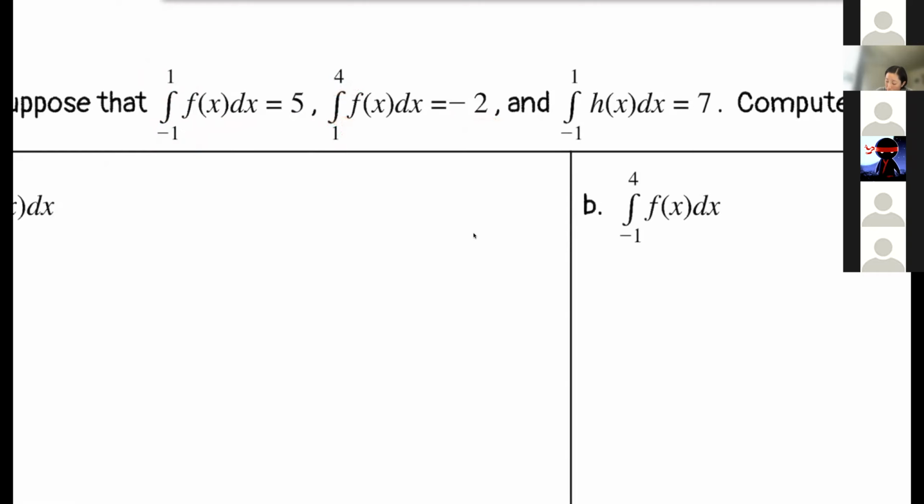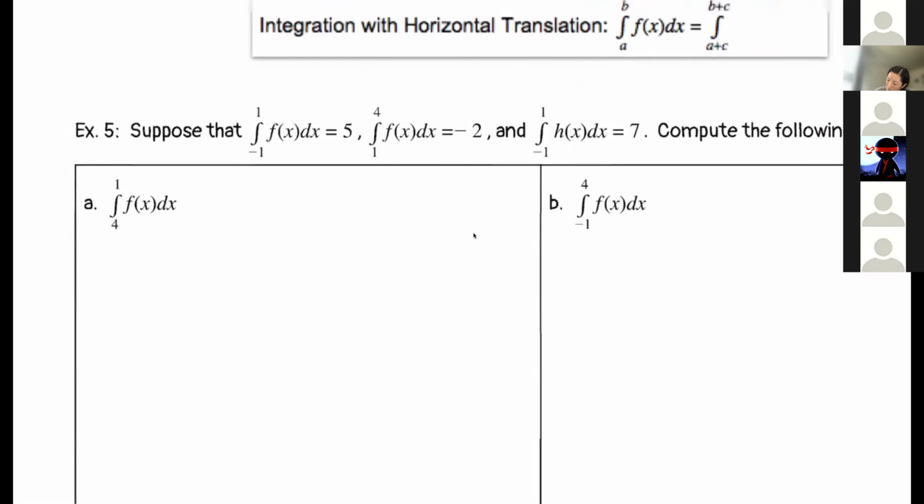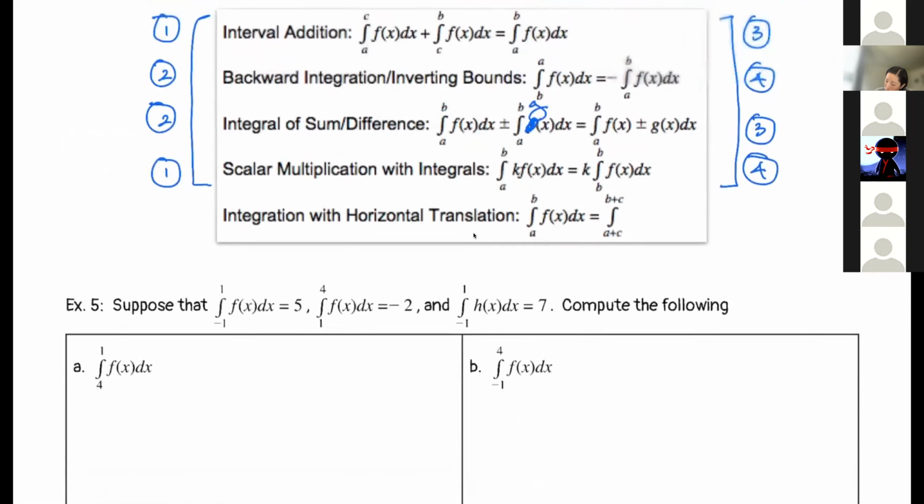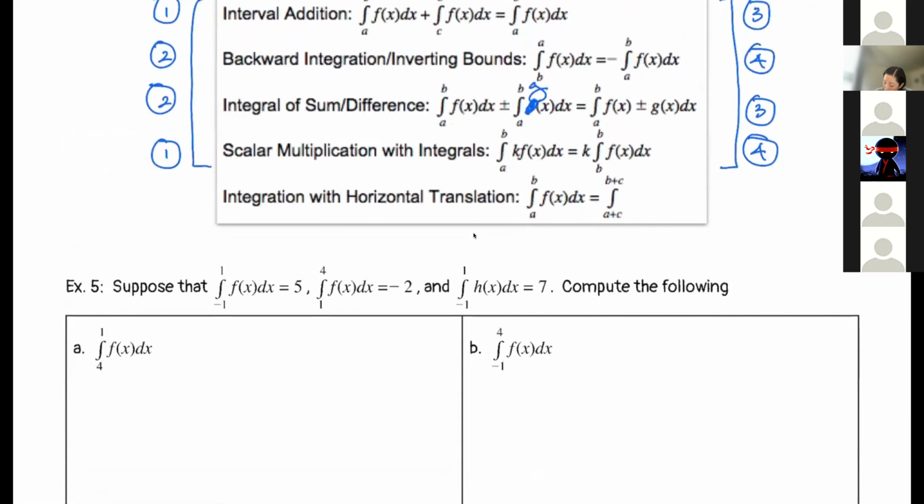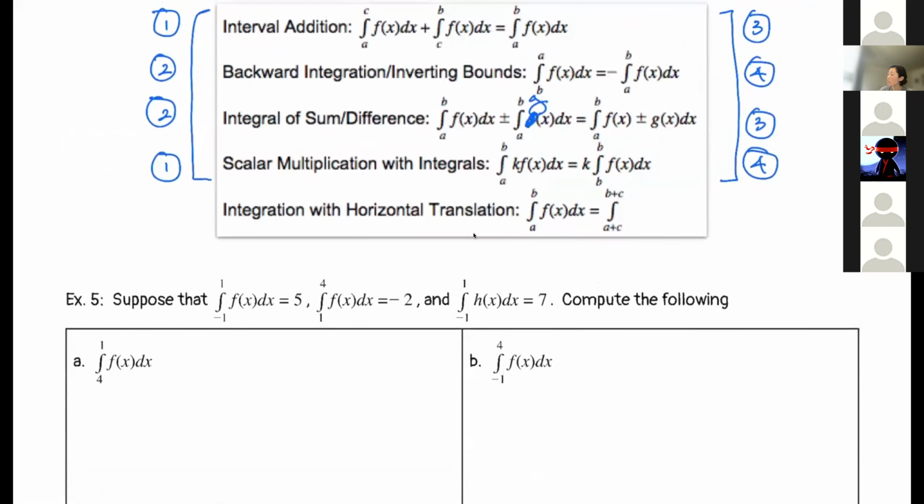And for a different function, h of x, from -1 to 1, I actually have 7. Okay. All right. So for part A, I have 2 guesses and they both say +2. Which rule or property did those individuals use?